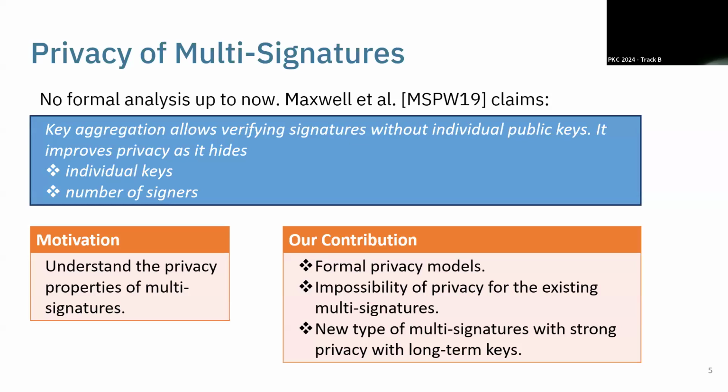So we want to define such a privacy notion in the context of multi-signatures, where we still keep some long-term key. After defining it, we saw that for the existing constructions it's not achievable for some trivial reasons. So we defined a new type of multi-signature to achieve long-term keys for unforgeability, but still have a similar untraceability across groups, just like threshold signatures.